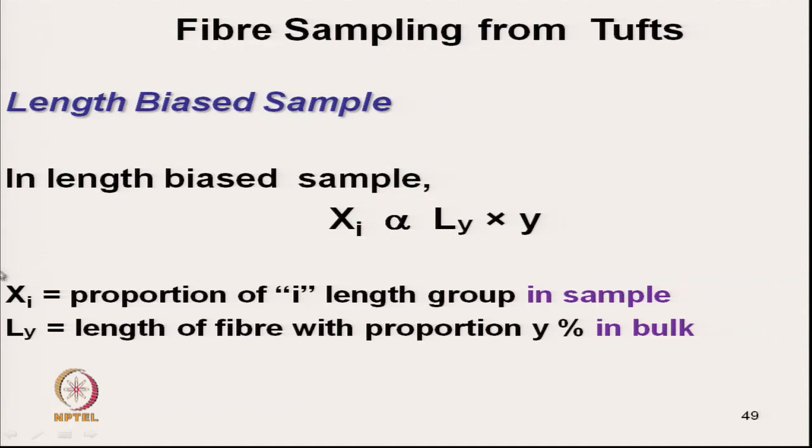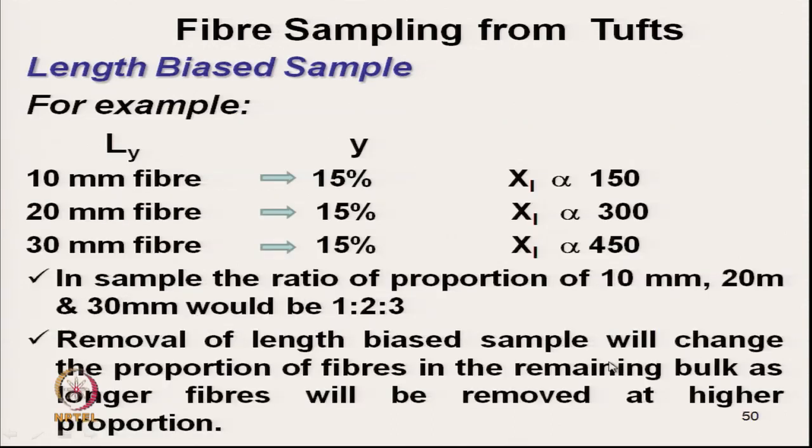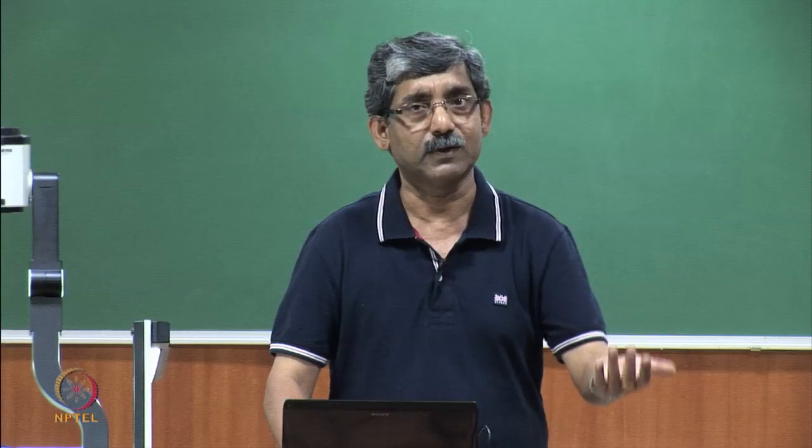So, x is talking about the sample, y is talking about the bulk. Now, the example we can see here: suppose 3 different types of fibers are mixed along with other fibers. Let us take the example of 10 millimeter fiber at 15%, 20 millimeter fiber at 15%, and 30 millimeter fiber at 15%. They are equally distributed, so their ratio is 1:1:1 along with other fibers.